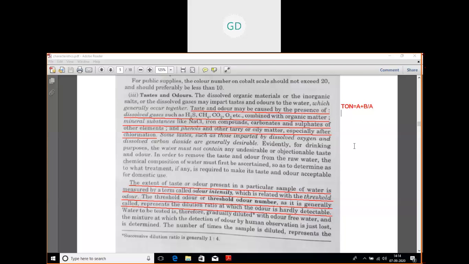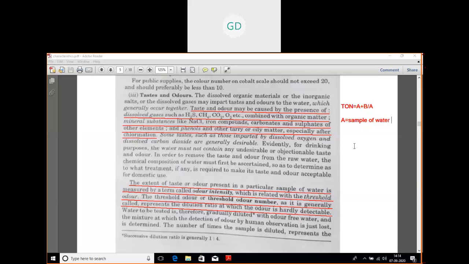Where A is your sample of water, the water that is smelly or tastes bad. You won't know the taste, but from physical sense you can smell the water and say that this water has odor.